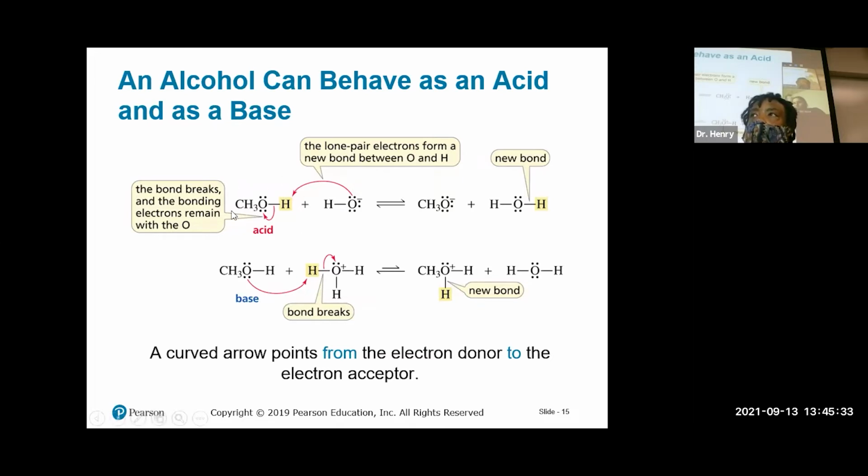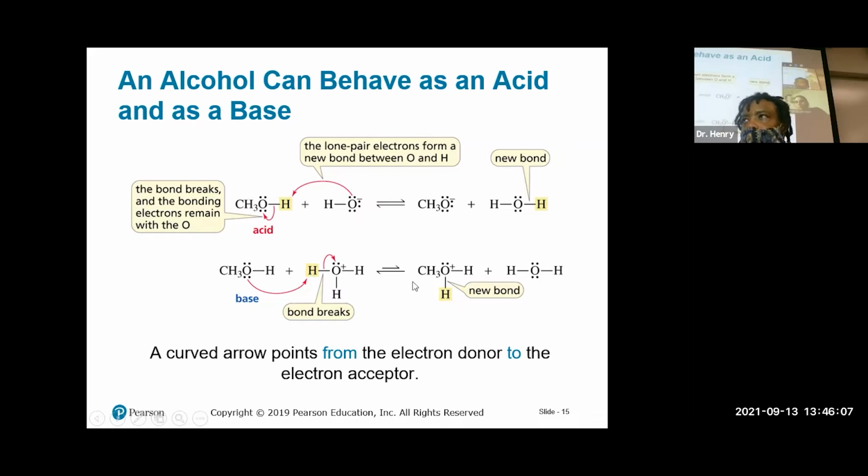Okay, so here, because we have this base here, this guy is going to behave like an acid. It's going to give up that H plus. That means that this guy can form water, and then we form this conjugate base. In this case, this guy is going to behave like a base because we have the hydronium ion that's going to be donating its proton.